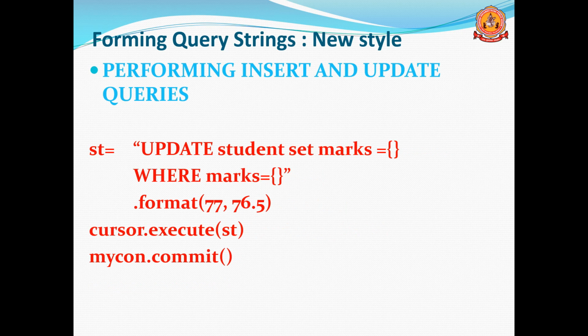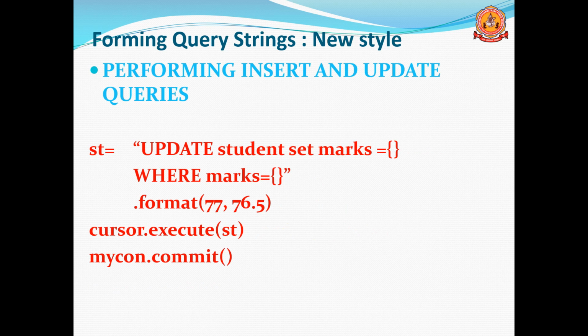Next, one more update query here. How can we perform the update? st is equal to update student set marks equal to an empty curly bracket, where marks equal to one more curly bracket. Two curly brackets are given. Then format 77, 76.5.